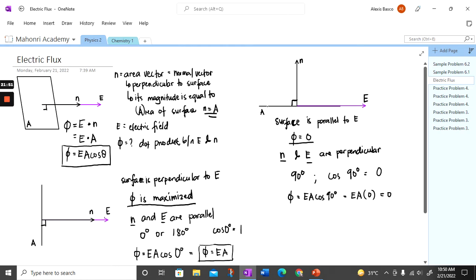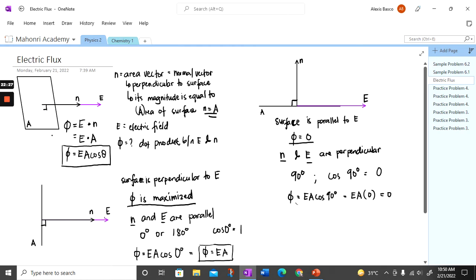So there is no electric flux passing through the surface, and that makes my normal perpendicular to my E. Cosine 90 degrees will always be 0. So the flux when your surface is parallel to E will always be 0. These are the things that I want you guys to remember about electric flux. What we are measuring is the amount of electric field, or E, that passes onto a surface.